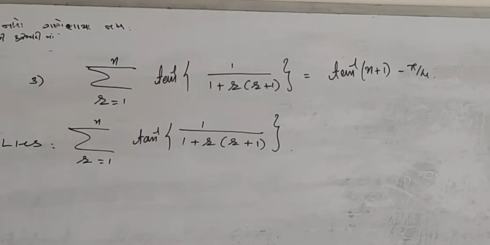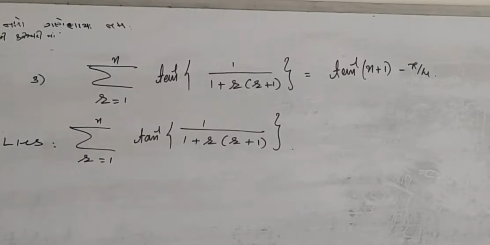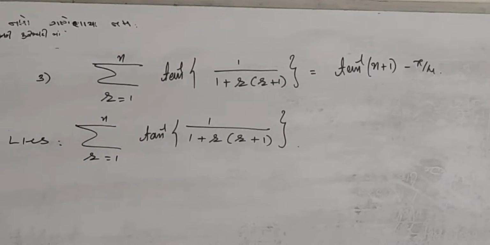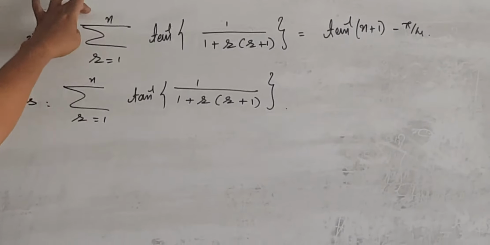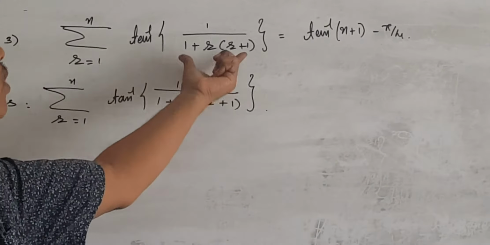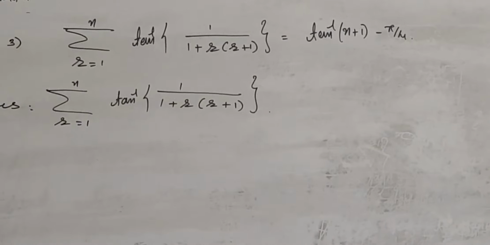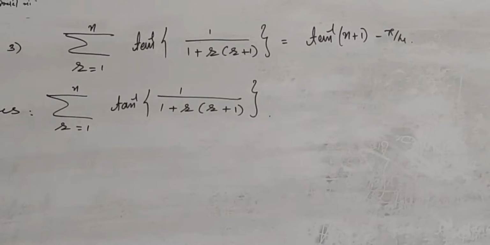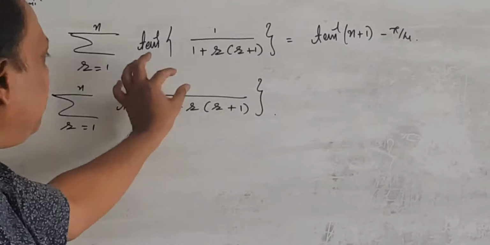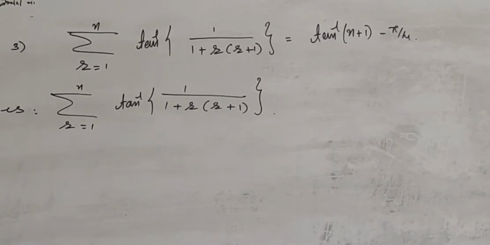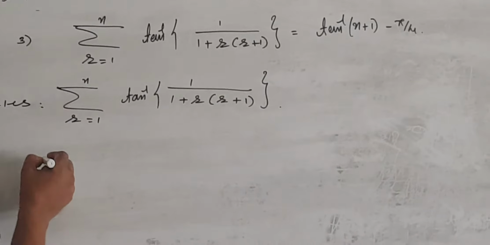Now see, the third sum is a little bit different. We have to prove sigma r is 1 to n tan inverse 1 upon (1 plus r into r plus 1) is given. We have to prove it as tan inverse (n plus 1) minus pi by 4. Now we make some arrangement in the numerator only for this one. Can we express it like this?